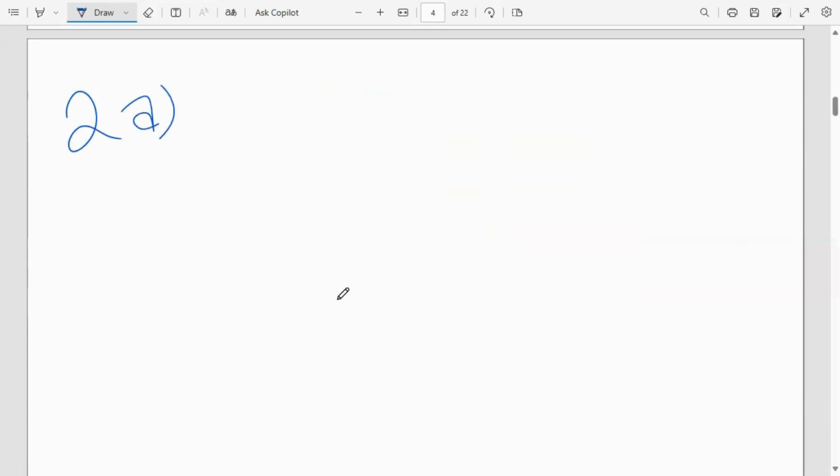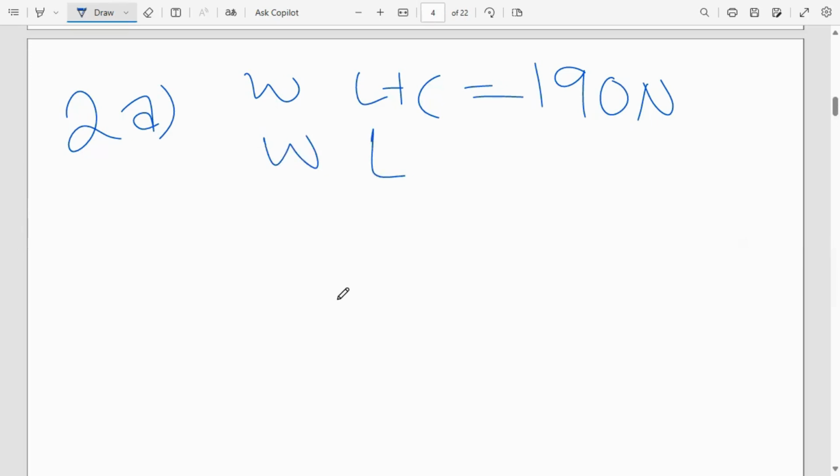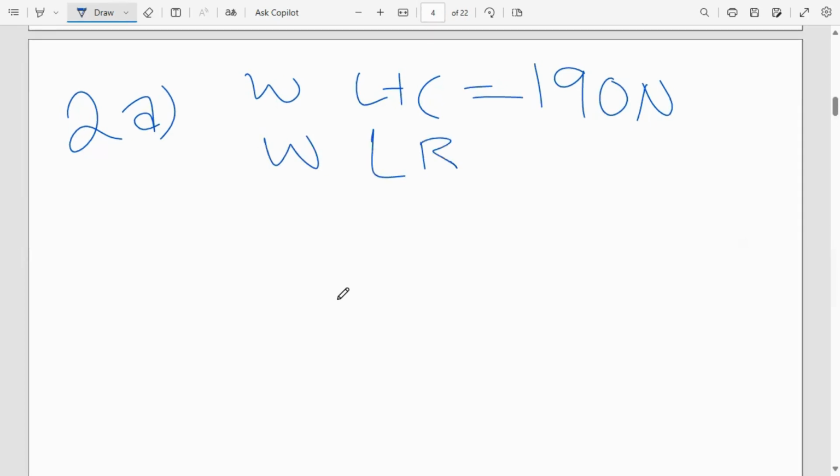So they've given us the weight of what? Of the leg plus the cast. And they've told us that is 190 newtons, like that. Then they've also given us the weight of the left block.